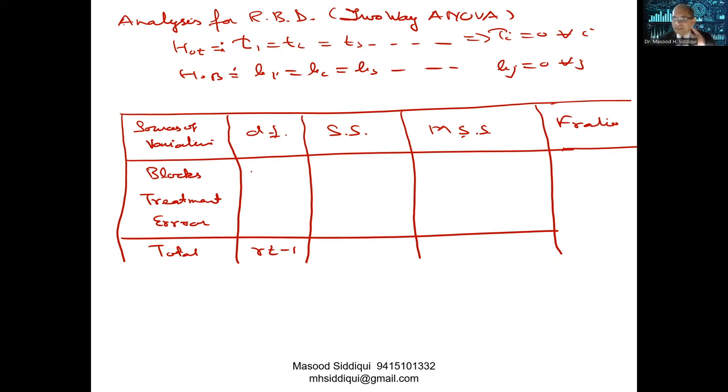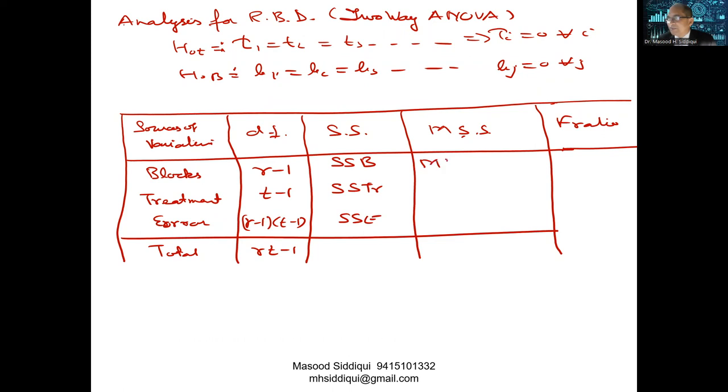Now the degrees of freedom for blocks would be R minus 1. For the treatment, we have T minus 1. And for the error, we have RT minus 1 minus (R minus 1) minus (T minus 1). Upon solving, you will get (R minus 1) into (T minus 1). So these are the degrees of freedom for the error. We have the sum of squares due to blocks, SSB, SSTR, and SSE.